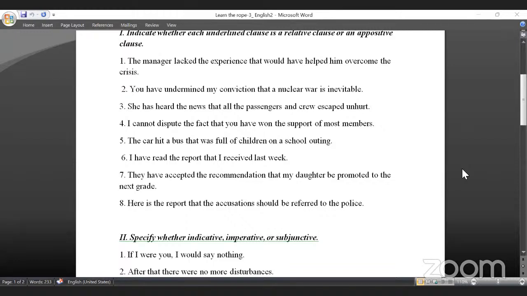Your full sentence is still "she has heard the news that all the passengers and crew escaped unhurt." We are only looking at the nature of the subordinate clause. The nature of the subordinate clause here is an appositive clause, whereas in the first sentence it's a relative clause.